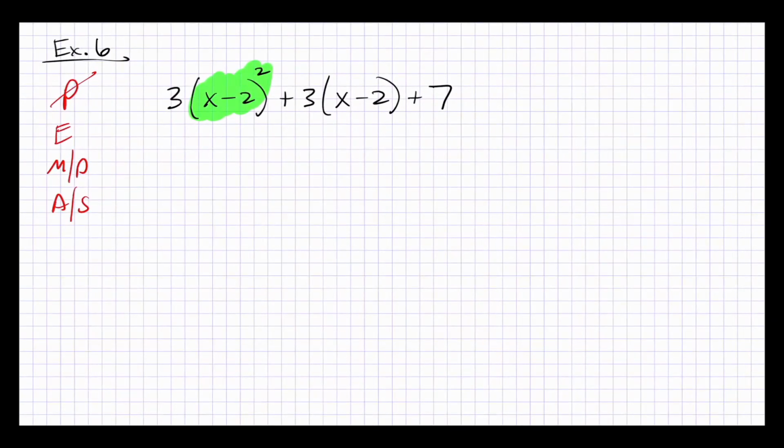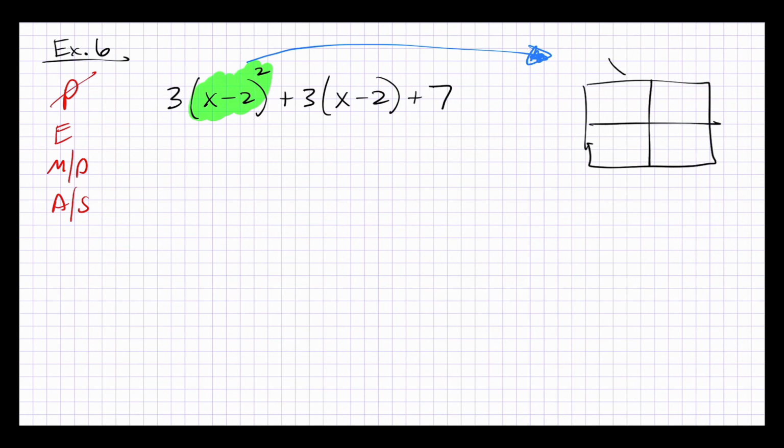So I'm going to do one like I did. I'm going to take a side detour for a little bit because I need to multiply those two guys. x minus 2 and x minus 2.